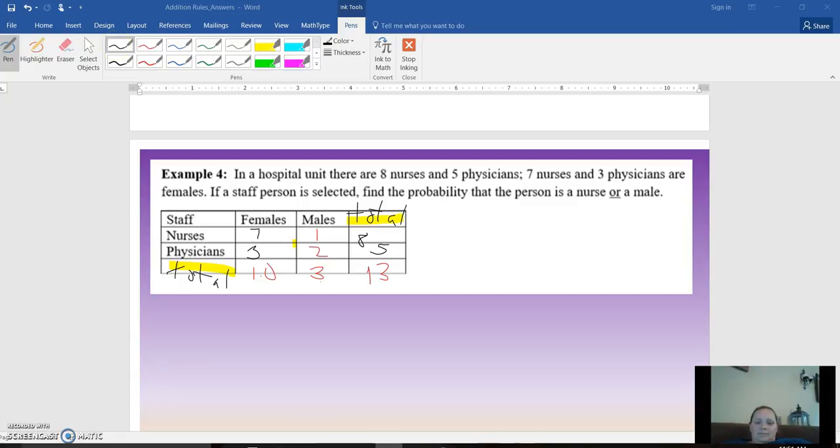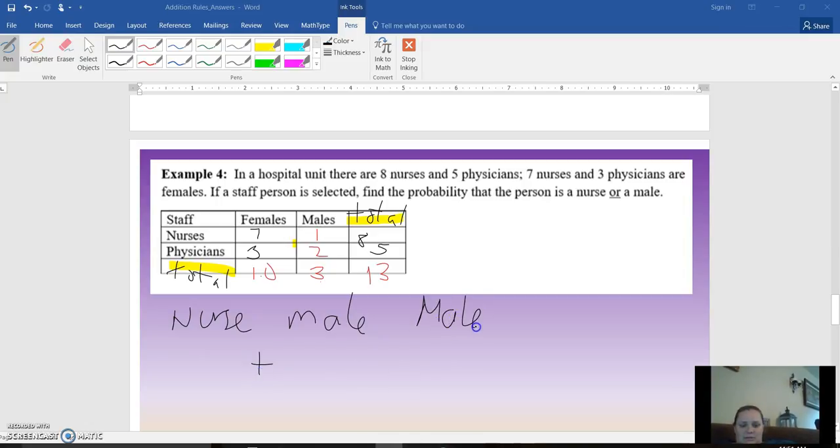And then nurse or a male. So we're going to do nurse, male. The word or means to add. And then we're going to take out a male nurse, which is the and piece.